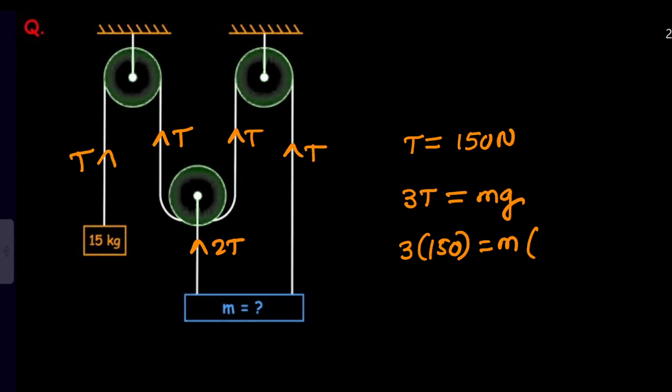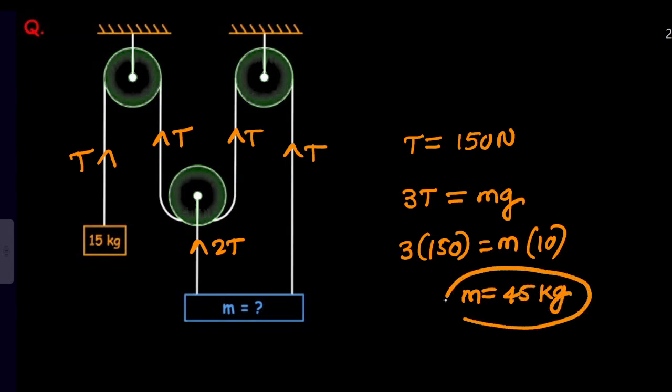Why 150? Yeah, 150. 15 kg now. So then M value how much now? 45. M value 45.